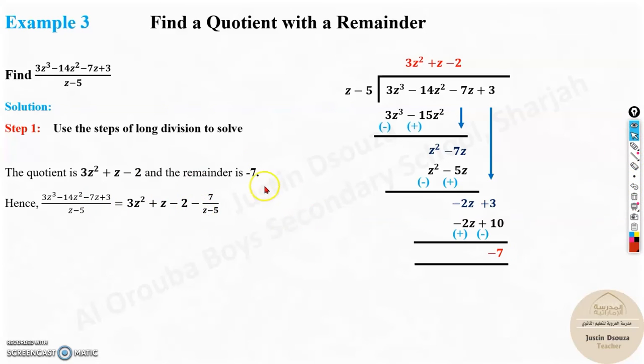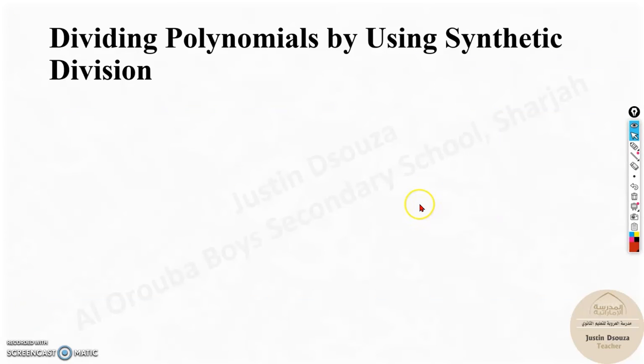Depends on the option. If they ask you the remainder and the quotient separately, you can stop over here. But otherwise, please remember the remainder must be written, and divided by the divisor. So this is how we can get the exact answer by using long division method.